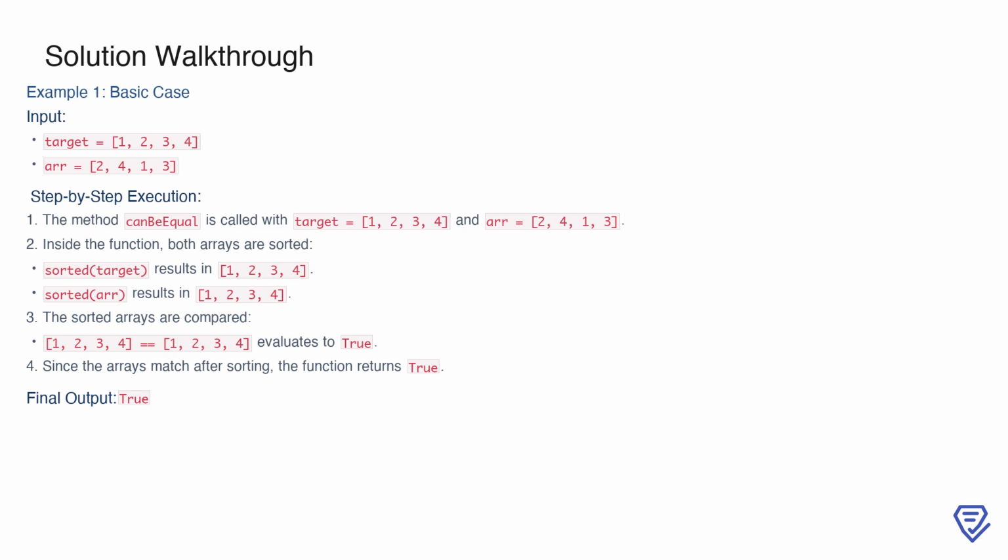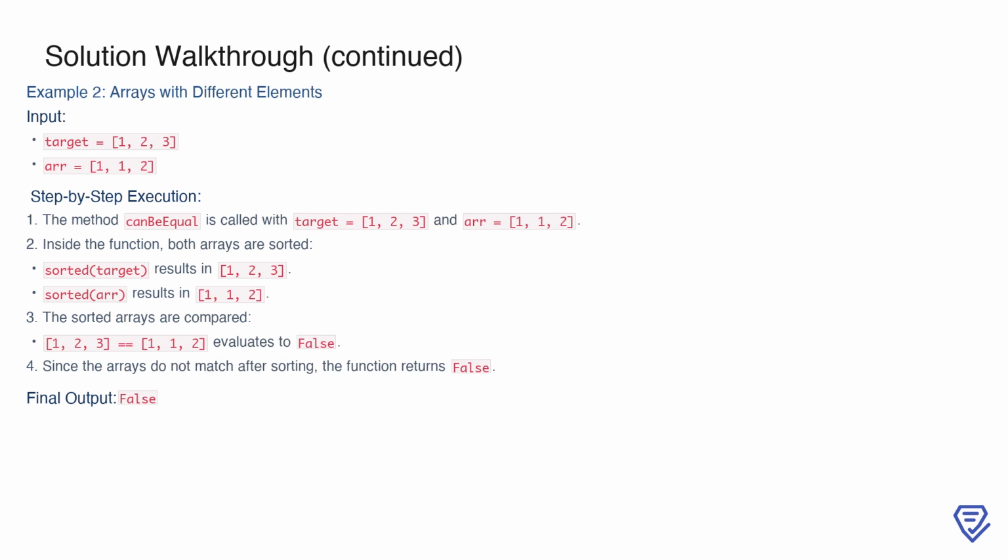Sorting the target array gives 1, 2, 3, 4, while sorting the ARR array also results in 1, 2, 3, 4. Next, the function compares these two sorted arrays. Since they are identical, the function concludes that ARR can be rearranged to match target by reversing certain subarrays. Therefore, the function returns true as the final output.